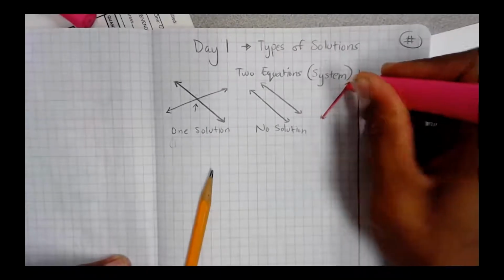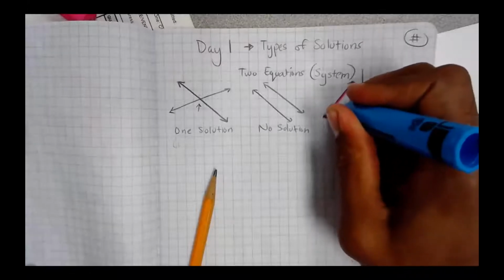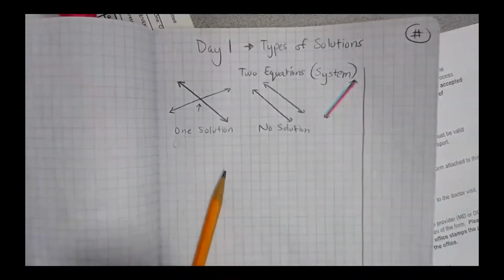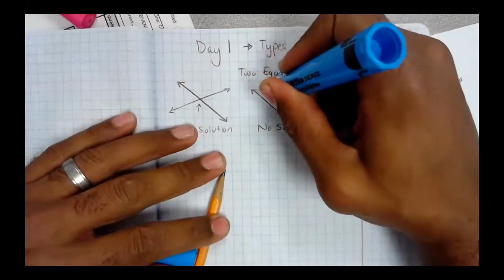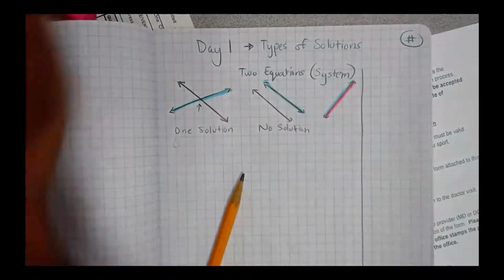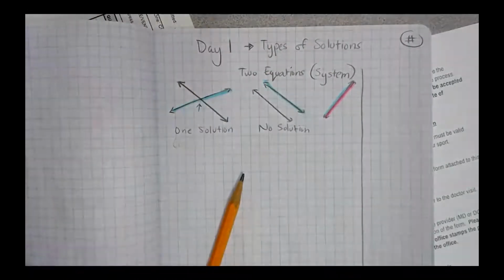So here I'd have one line and the other line is literally right on top. Okay, so I'm going to color all these, the separate lines. Oops, I keep grabbing the wrong marker.